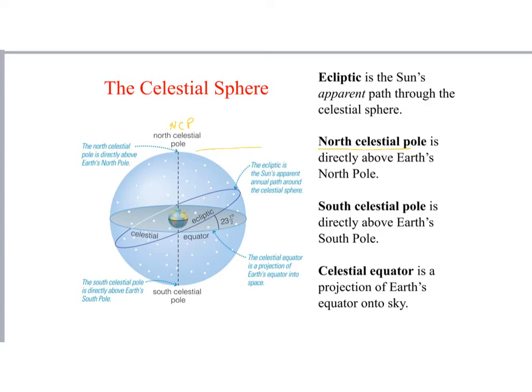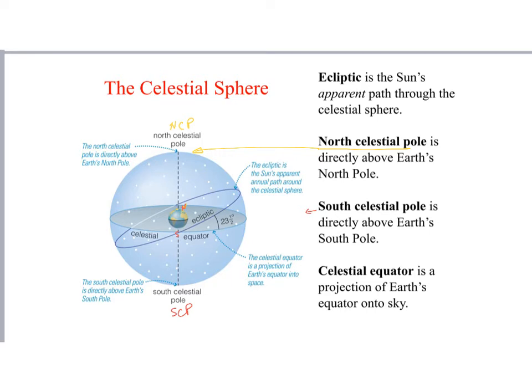It's this one, which is the point directly above the Earth's north pole, right? North here, south here, and it's the same idea with the south celestial pole, which is directly above the Earth's south pole.